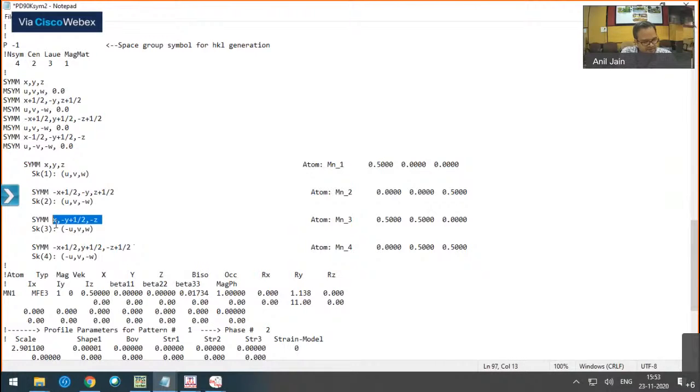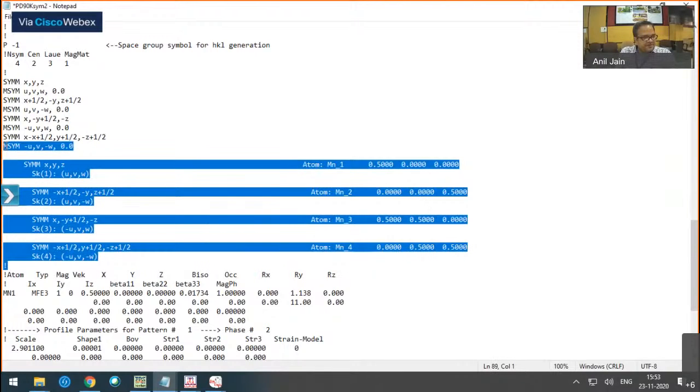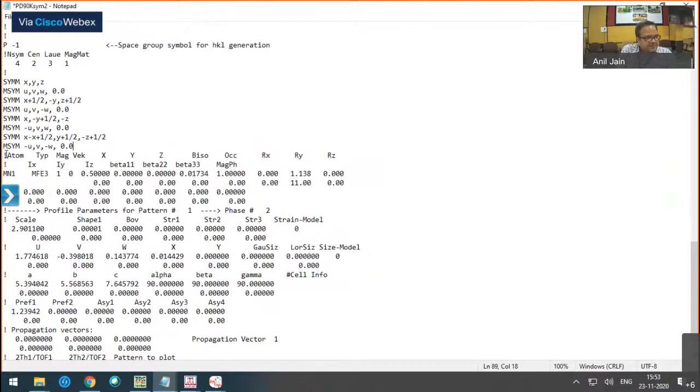Similarly, this is operation number 3, and these are the codes UVW. Okay, so now I have copy pasted all this information, so I can delete this part now.